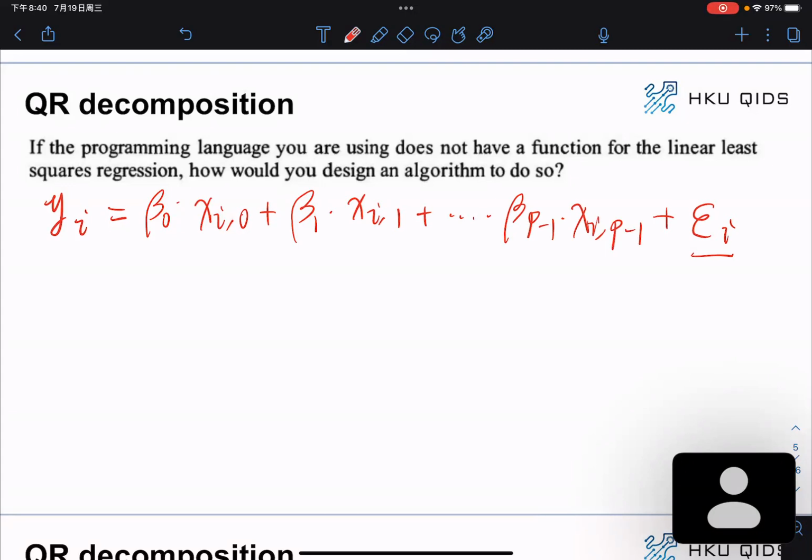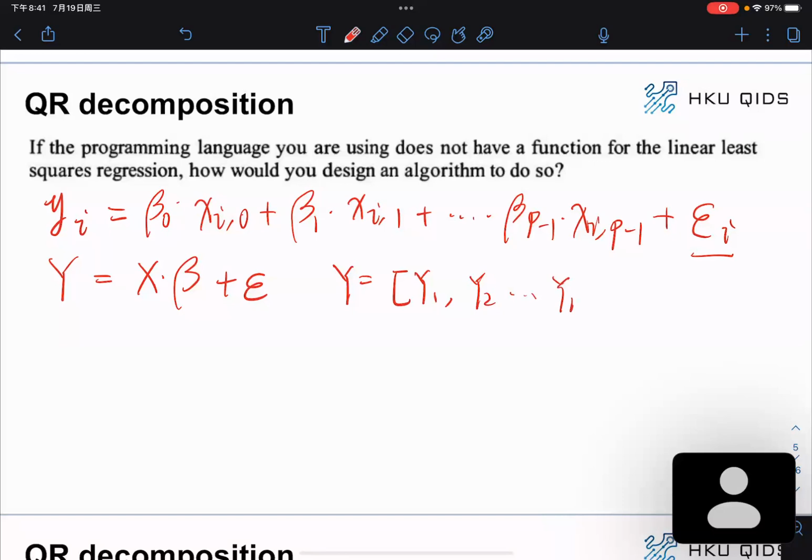We can write it in matrix format: the big Y equals the big X multiplied by the big beta plus epsilon, where Y is Y1, Y2, all the way to Yn, transposed, which is an n by 1 matrix.